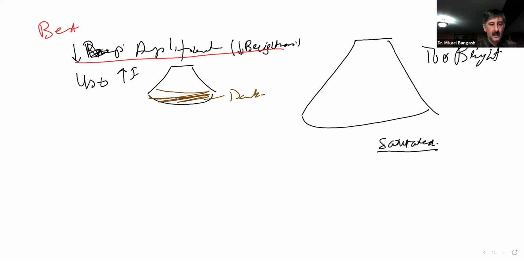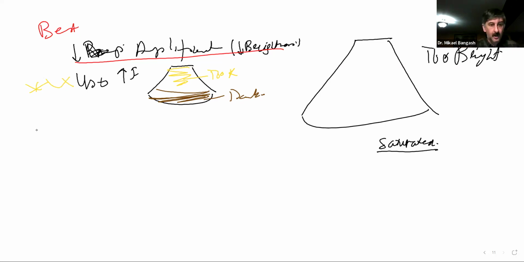But that is not going to address that this part of the image is still too bright. Contrast is even going to cause the deeper parts of our images to become so dark that we won't be able to visualize or see anything. So using a higher frequency transducer is not the solution.